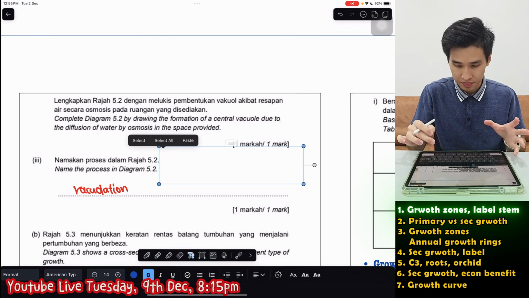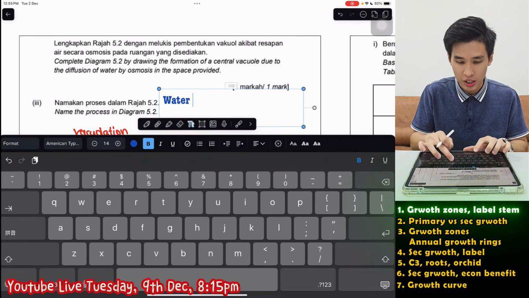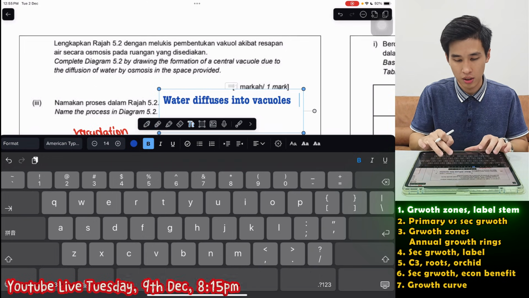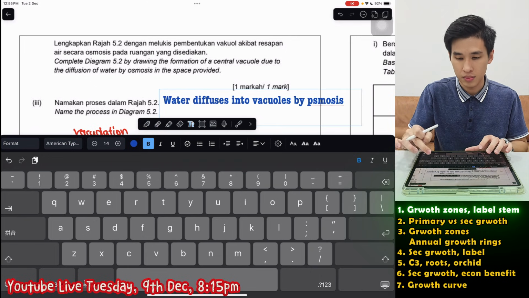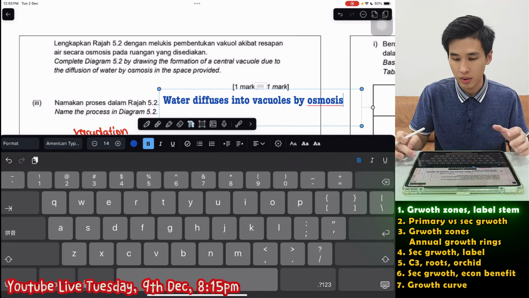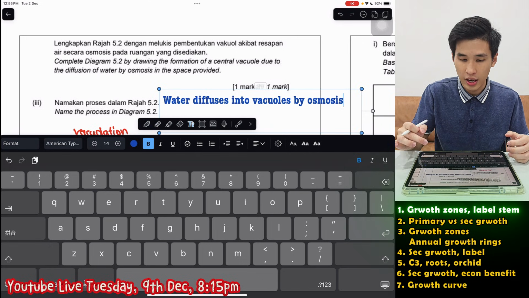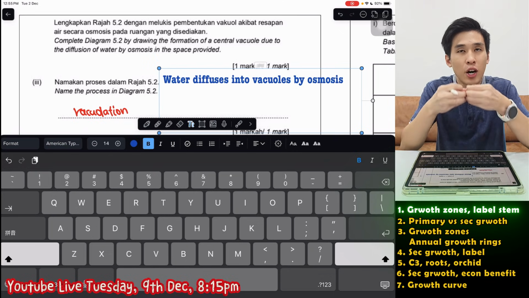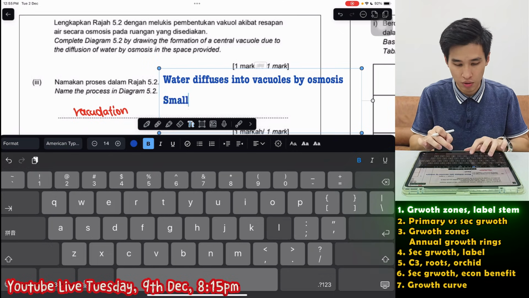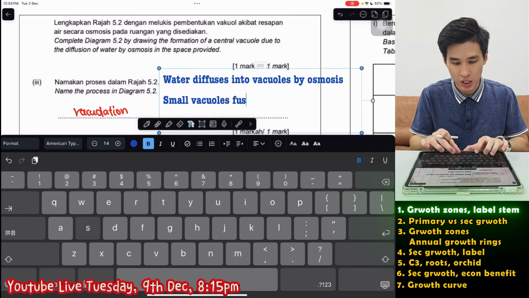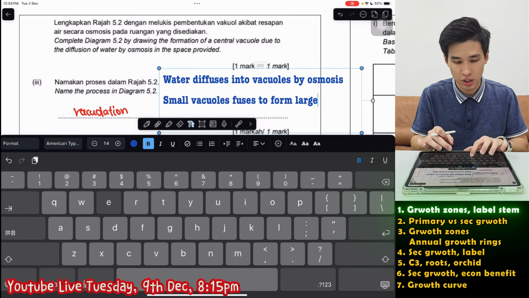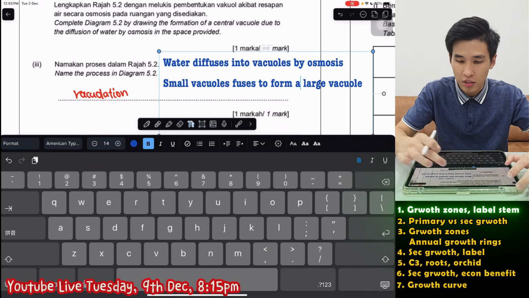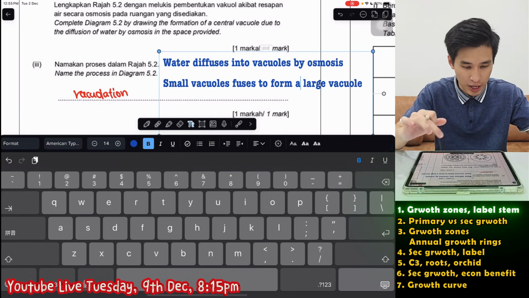You can say, basically, water diffuses into the vacuoles by osmosis, and then the small vacuoles fuse to form a large vacuole. So that is basically vacuolation, if they ask you to explain that.